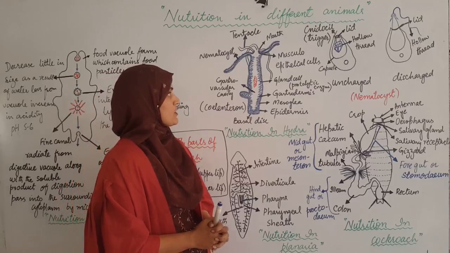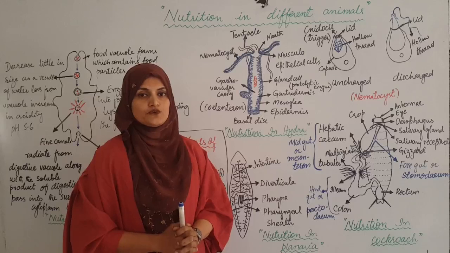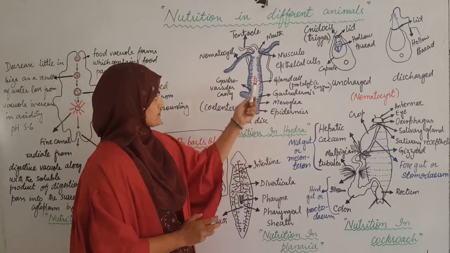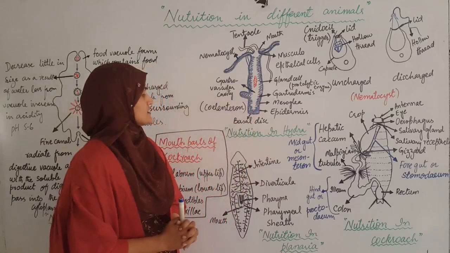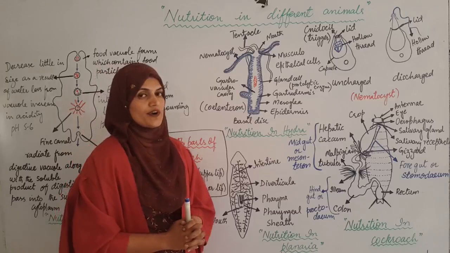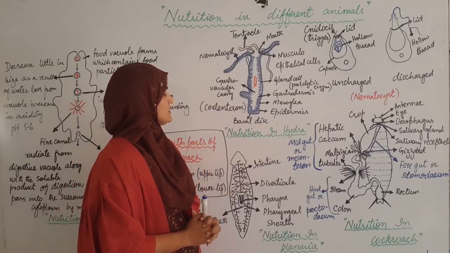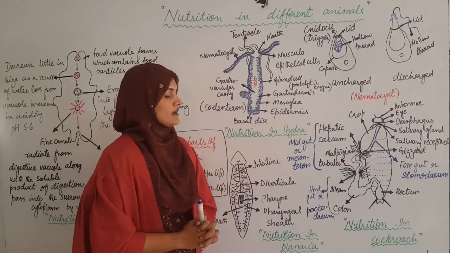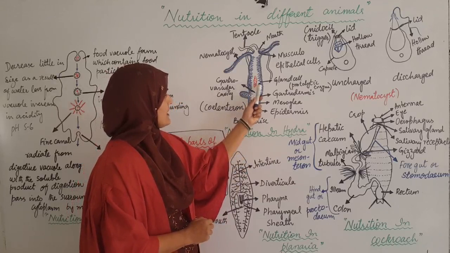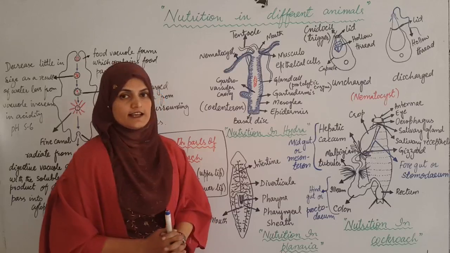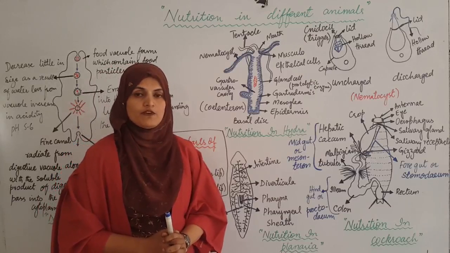Here, because of the enzymatic action that is produced by the glandular cells, chemical digestion also takes place and the food is converted into semi-solid form. After the incomplete digestion, the food particle enters into the flagellated cell, and here complete digestion takes place within the cell.